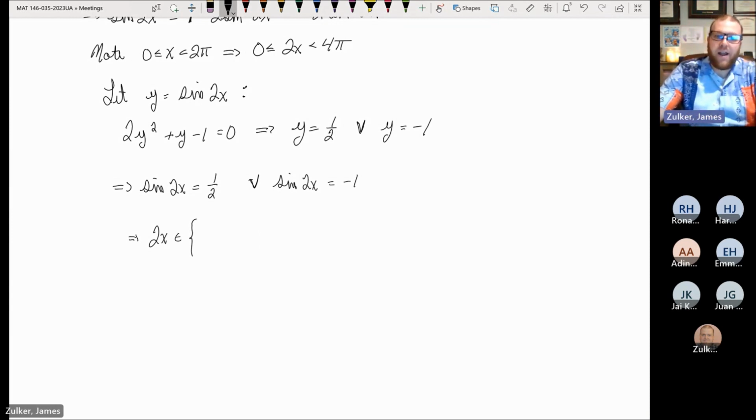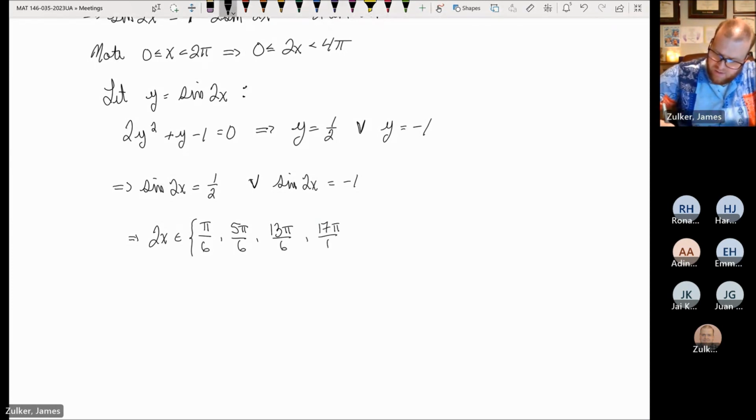Where is sine equal to 1/2? Pi over 6 and 5 pi over 6. Now we just have to add 2 pi. So there's our 0 to 4 pi.